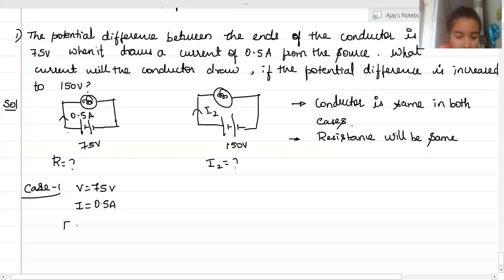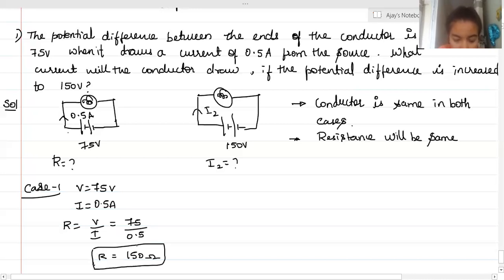Now I know R is equal to V by I, which is 75 by 0.5. 0.5 can be written as 1 by 2, 2 goes up, 75 times 2 is 150 ohms. Now for case 2, R will be equivalent to 150.